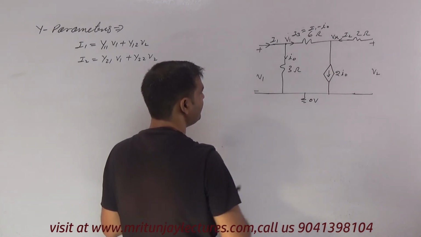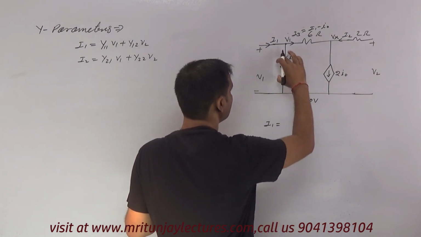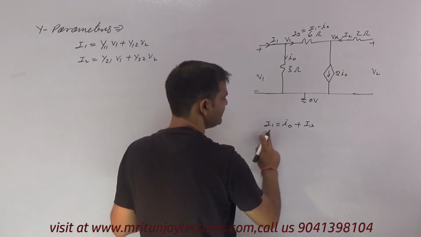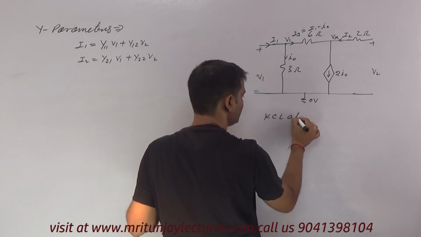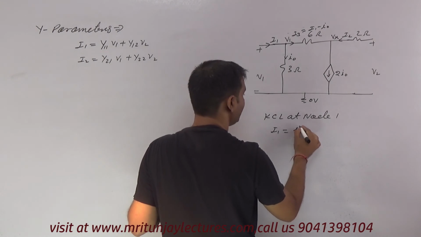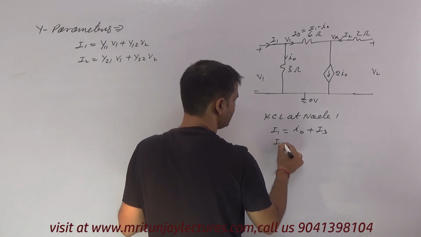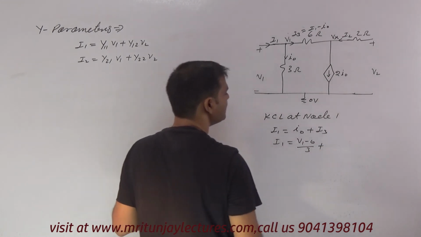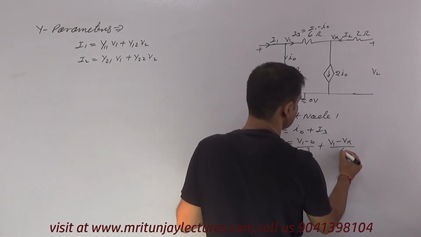So first of all, I1 KCL at node 1. I1 is written as I0 plus I3. I0 is V1 minus 0 divided by 3 plus, what about I3? I3 is V1 minus Vx divided by 6 ohm.